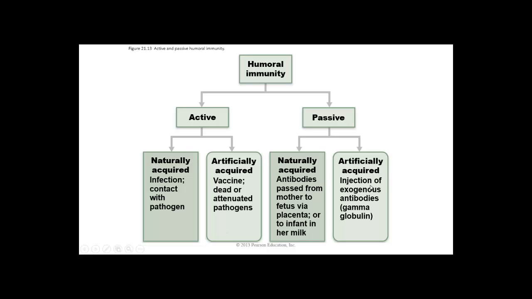We don't want to waste time waiting for you to produce the antibodies because you've been bitten by a rabid dog or a rattlesnake. We want to give you those antibodies right away to fight the infection so you don't become ill or die. So now you have examples of each of the different types of humoral immunity, active versus passive and natural versus artificial. There'll be several different questions on that on the exam.